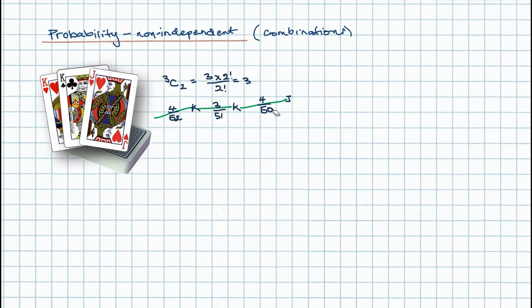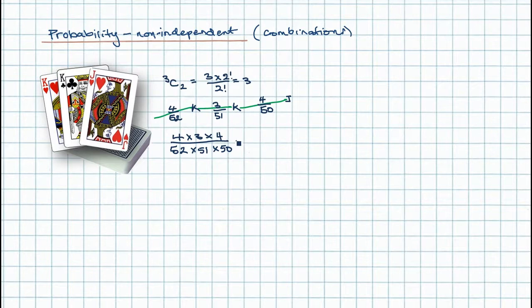I'm going to be able to multiply these together, multiply by 3, and that will give me an answer to what's the probability of drawing 2 kings and a jack. So let's do that. So we've got 4 times 3 times 4 out of, and I can just do one fraction bar here, 52 times 51 times 50.